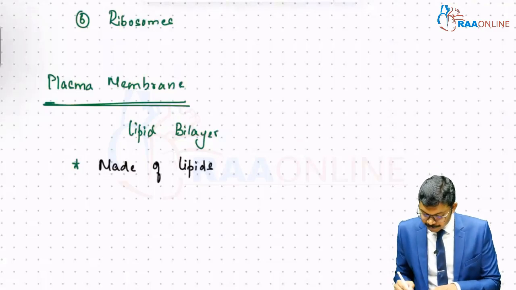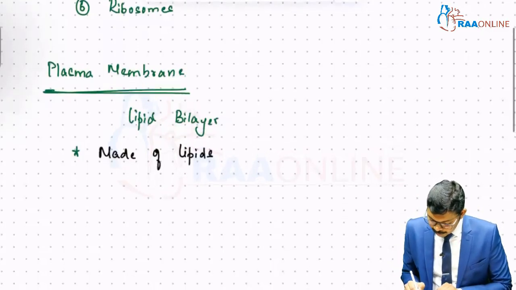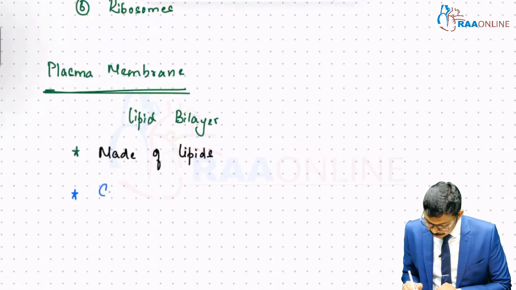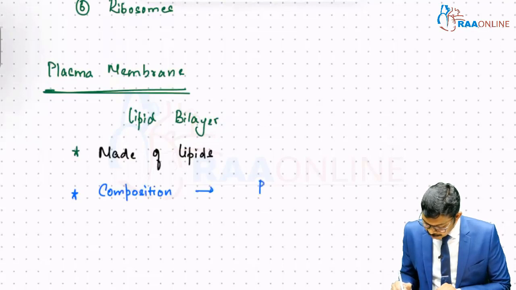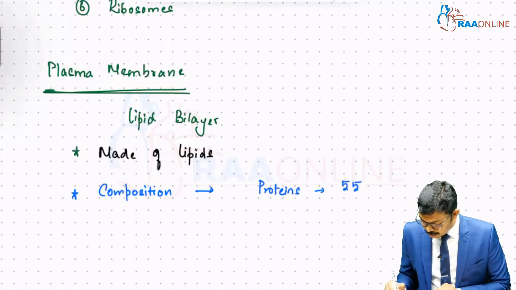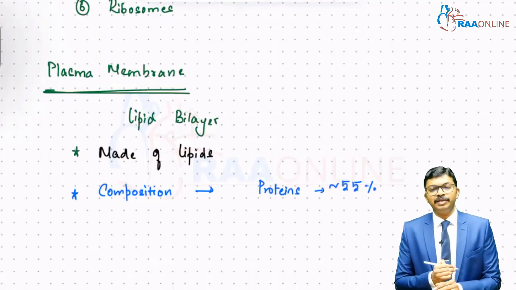That's the first word. And the second word, when it comes to composition of cell membrane. When it comes to composition, it is essentially proteins that contribute, on an average, guys, not exactly, about 55% of the membrane.